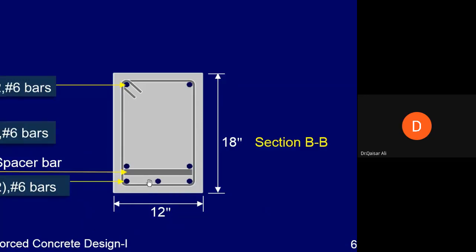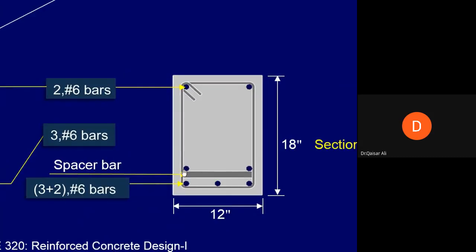They need a support, but these 2 bars will need a support. Either these 2 bars can be tied with this 3/8 inch stirrup on this side, or a spacer bar can be provided. Spacer bar will make sure that a space of 1.5 inch is kept between these bars.